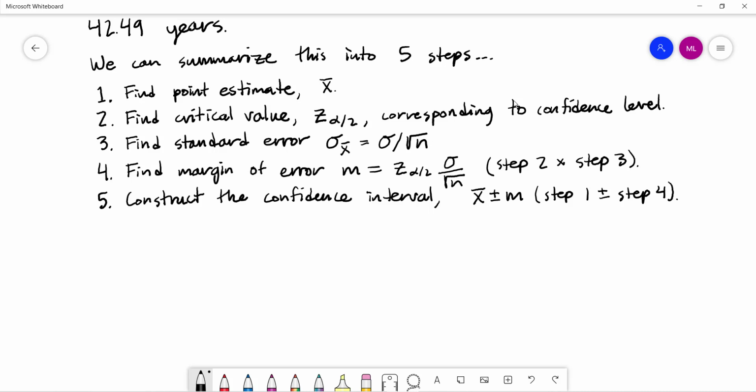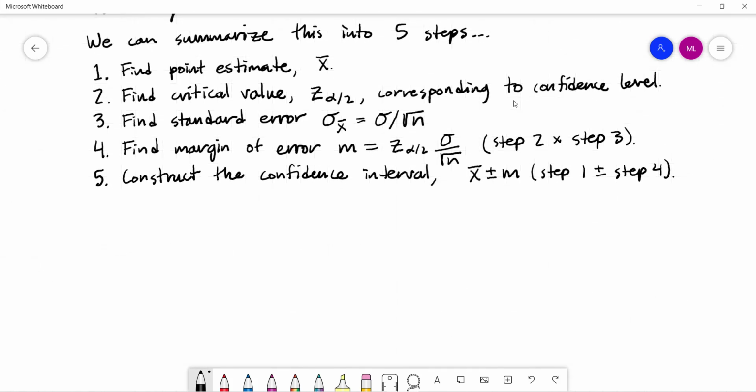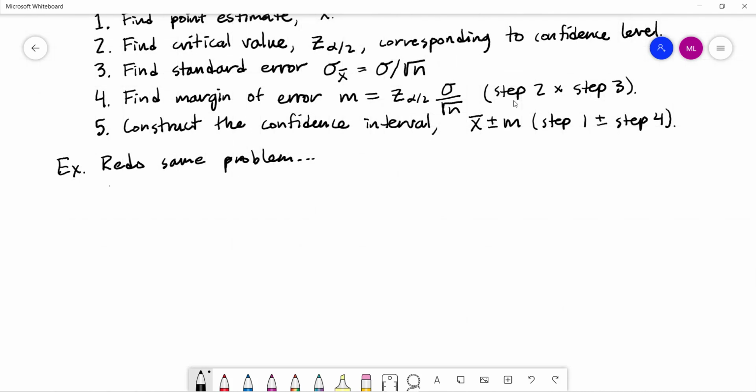So if we were trying to do the same problem that we just did quickly, if we just redo the same problem, all we would do in step 1 is note that x bar is 38.57. That's given in the problem.